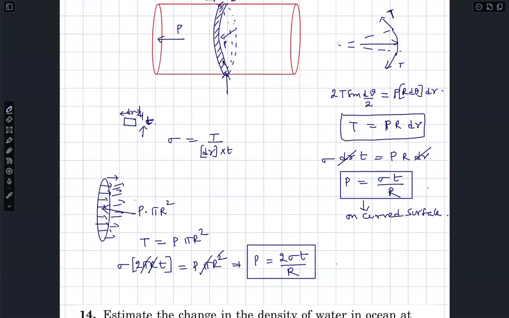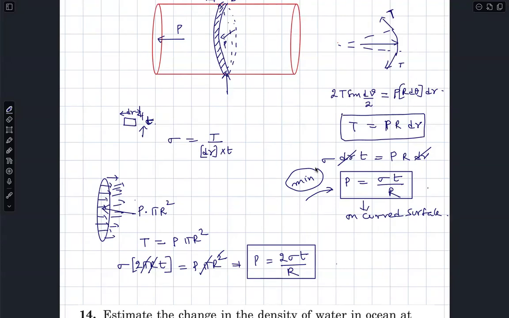So you should take the minimum of these. If that pressure is reached, tearing takes place at the curved surface, and gas will leak from the curved surface. The puncture happens first there, not near the base but near the curved surface.